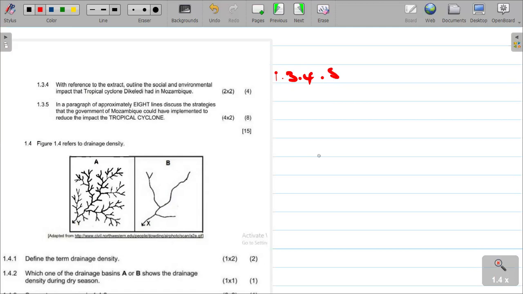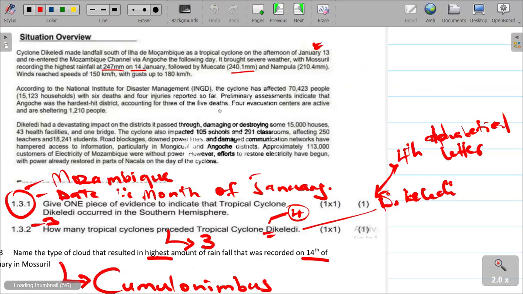Let's start with the social impact. One, this can be seen in that the cyclone has impacted 105 schools, 291 classrooms, affecting 250 teachers and students.